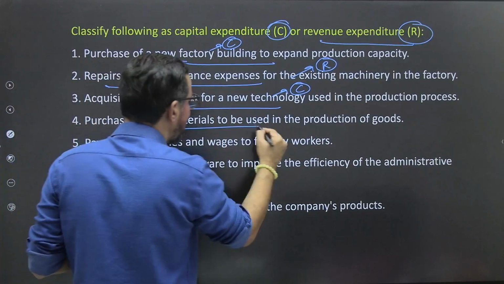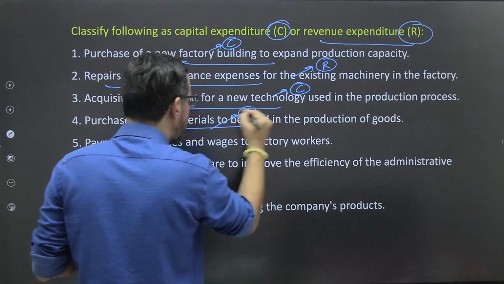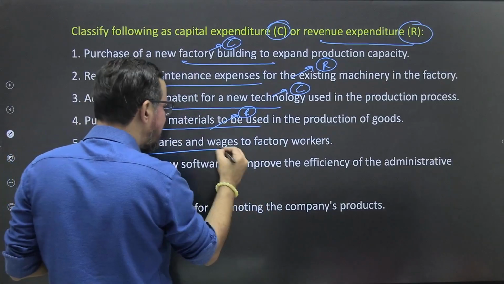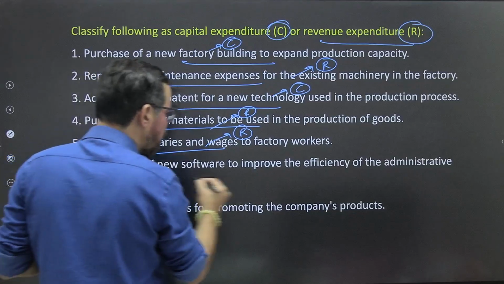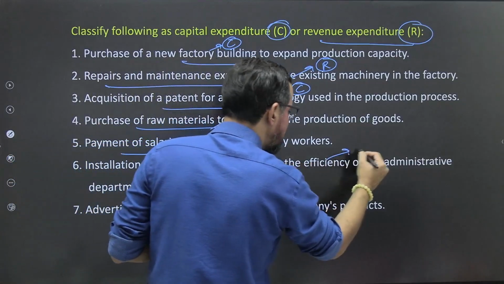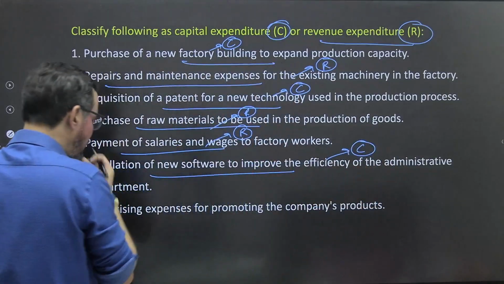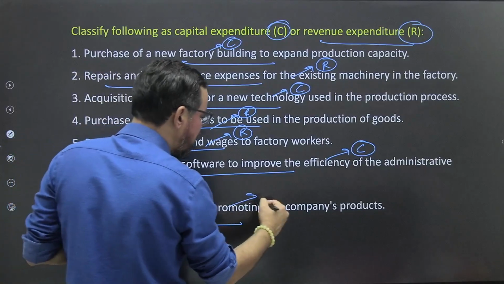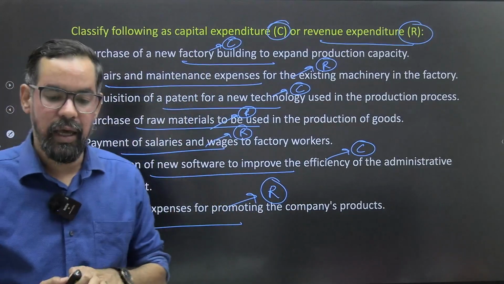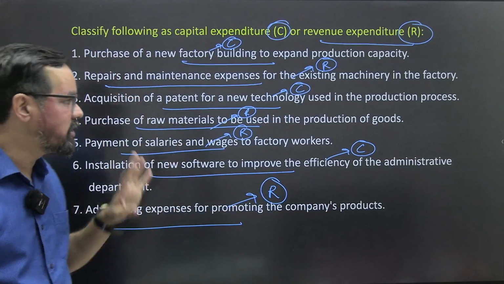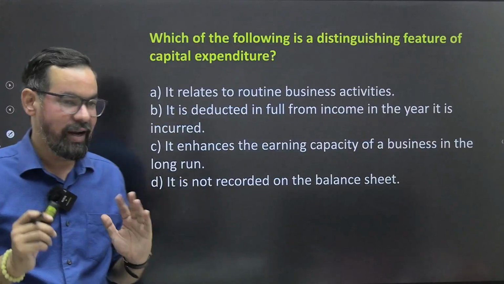Purchase of raw material, revenue expenditure. Payment of salaries, again revenue expenditure. Installation of new software to improve efficiency, capital expenditure. Advertising expense is revenue expenditure. So this is the sequence. If you are able to answer these 7 statements this way, you are in safe hands. Let's move ahead.